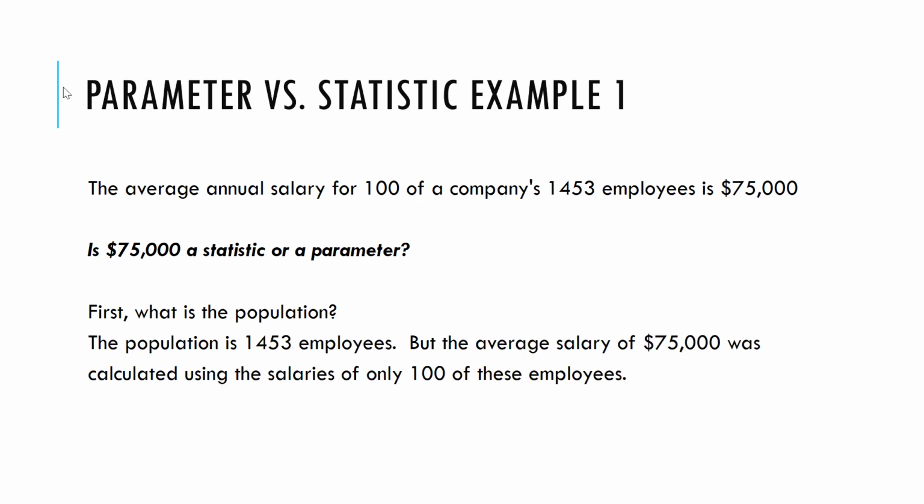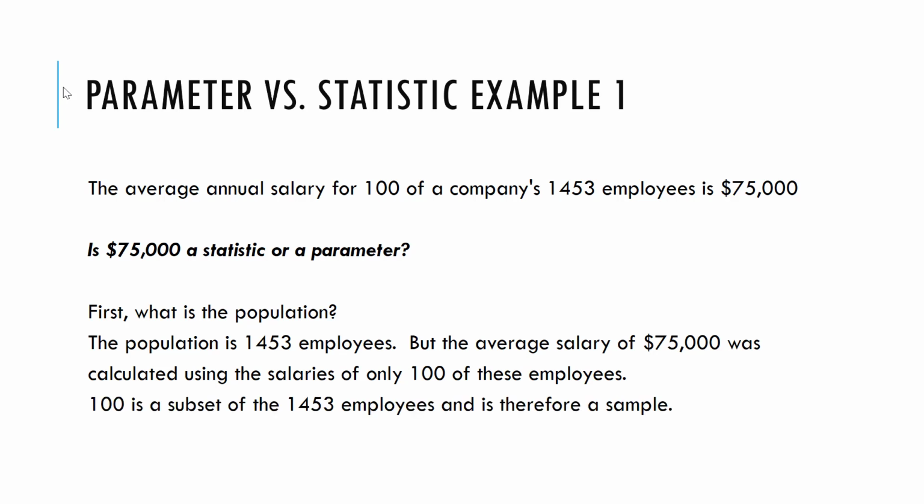In this problem, the population is the 1,453 employees. However, notice that the average salary of $75,000 was calculated using only the salaries of 100 of the employees. 100 is a subset of 1,453 and is therefore a sample. Since $75,000 is a measurement of a sample, it is a statistic.